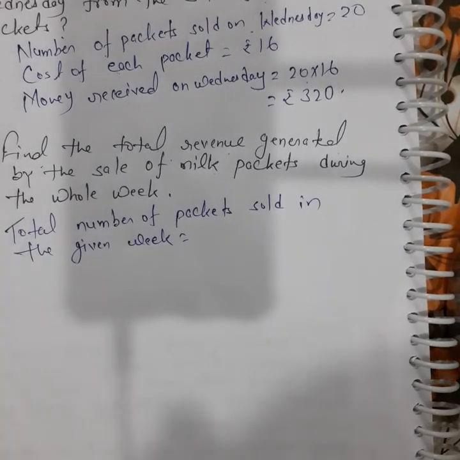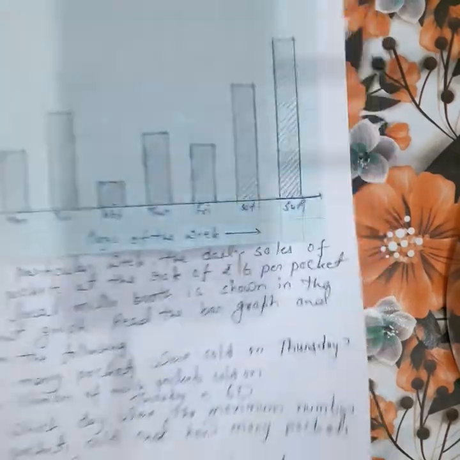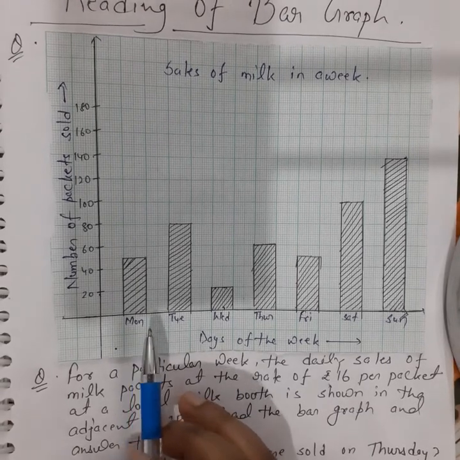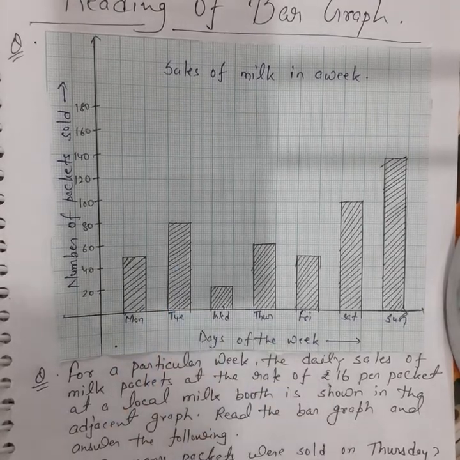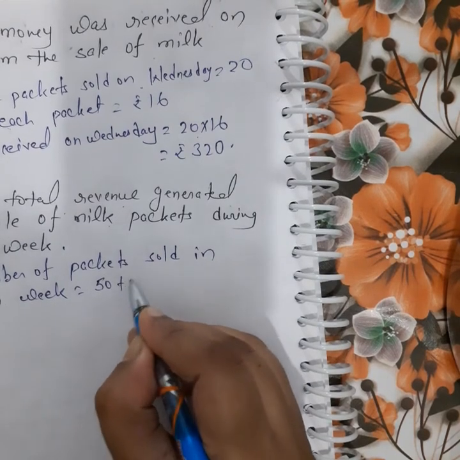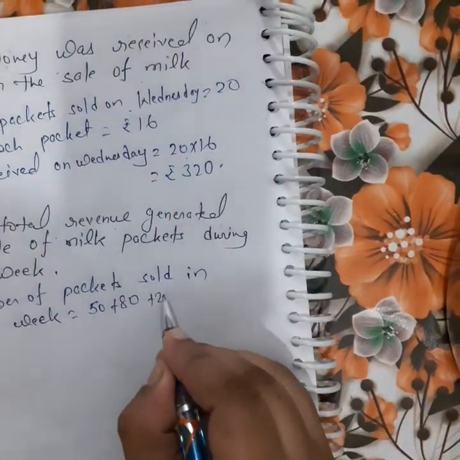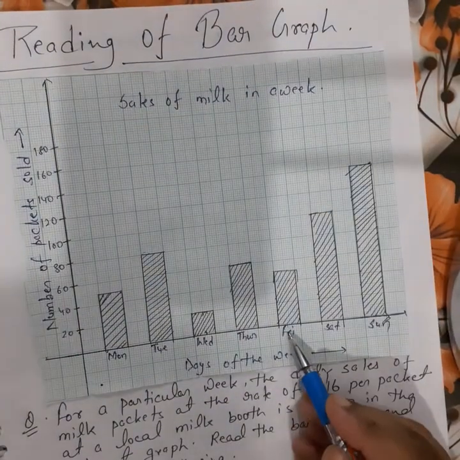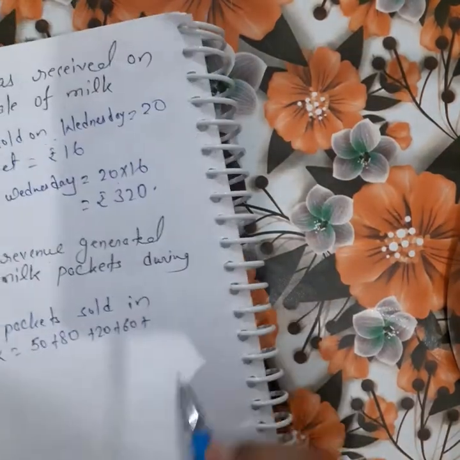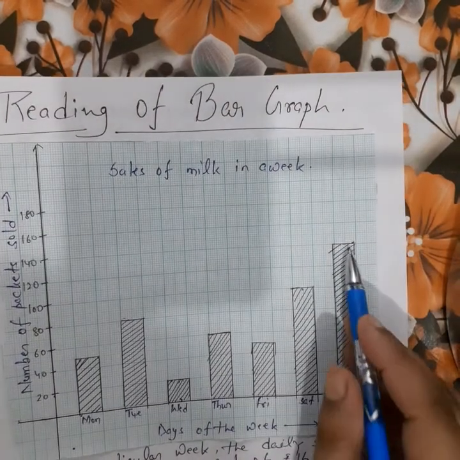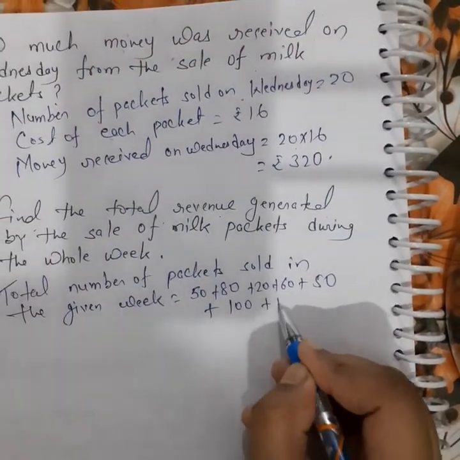On Monday 50, Tuesday 80, Wednesday 20, Thursday 60, Friday 50, Saturday 100 and Sunday 140.